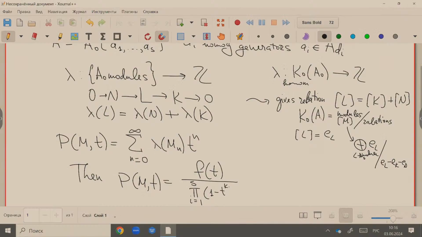And this F(t) can be quite general, and we discussed it.